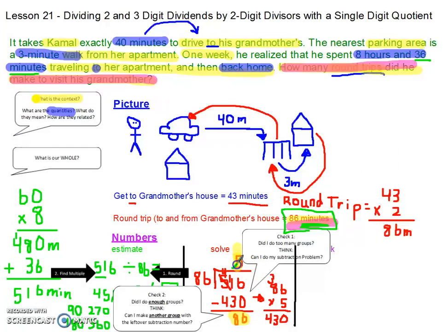So I actually will change this 5 to a 6 because I can make another group of 86. And so it'd actually be minusing that 6th group, 86, and I would be getting to 0. So I have 0 left over, which means I don't have a remainder. So I can move on to my check.